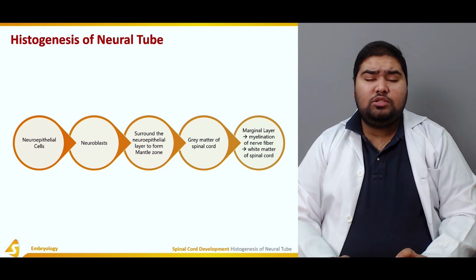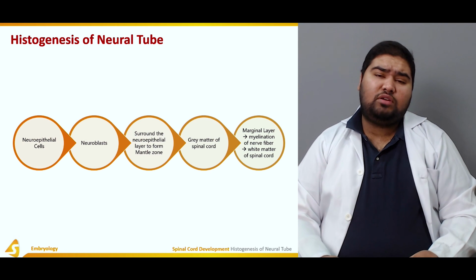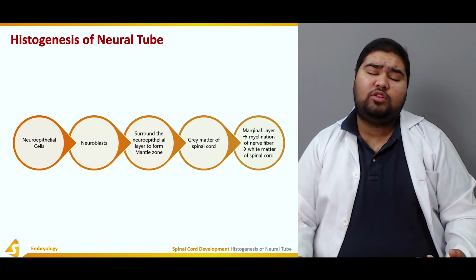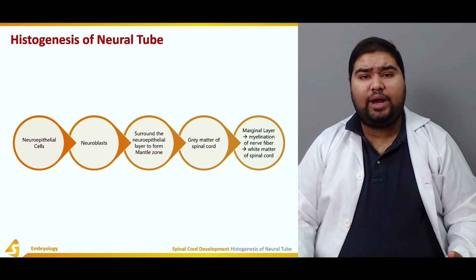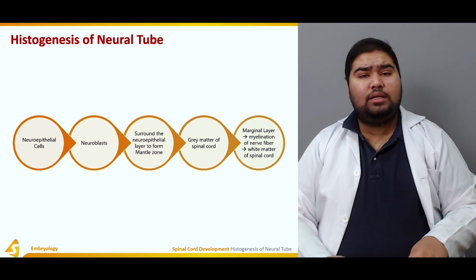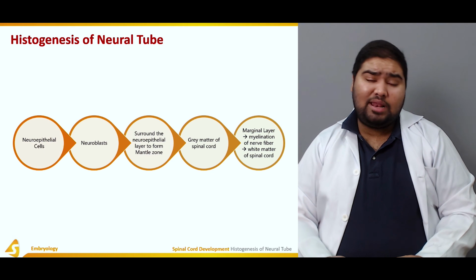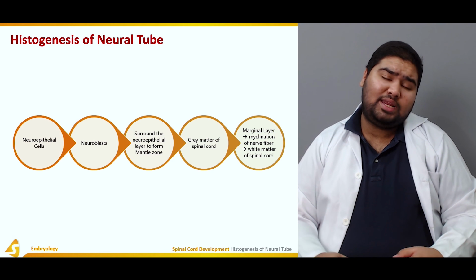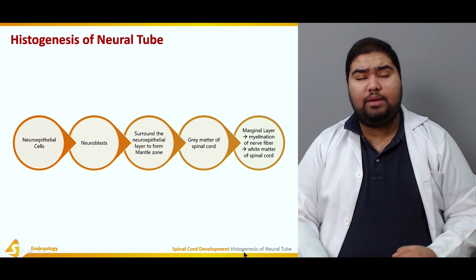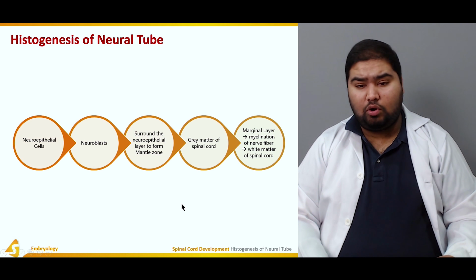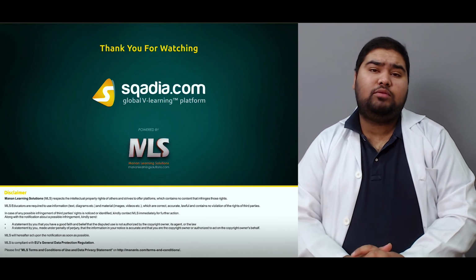In the marginal zone, there's myelination of the axon fibers, and this is responsible for the white appearance, or the production of white matter. Since the mantle zone contains the cell bodies that are non-myelinated, it appears as the gray matter of the spinal cord. So this was all about this section.